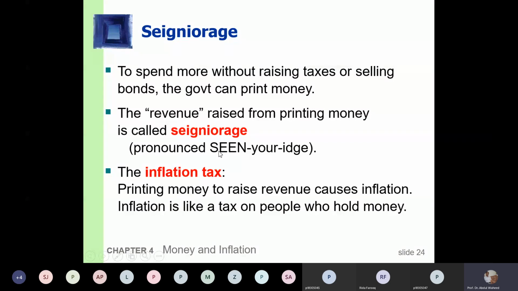So you can see in developing countries, inflation rate is high. Even in our country, inflation rate is now in double digits, more than 10%. So this means the government is using this tool, seigniorage, printing money and imposing an inflation tax on people.